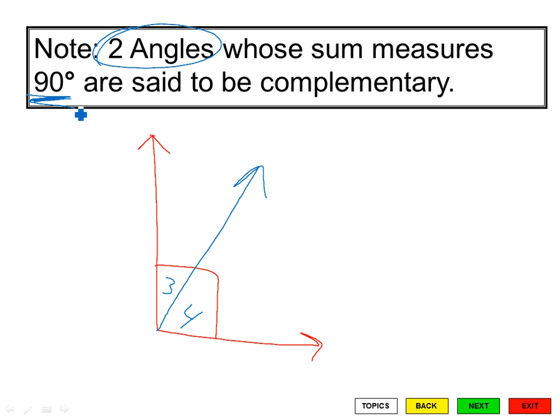I don't know any easy way other than the way I remember it. Complementary goes with 90. Supplementary goes with 180. I just remember that in the alphabet, C comes before S. In numbers, 90 comes before 180, so that I can remember them. If you come up with a better way than that, then you just got to remember other stuff though.